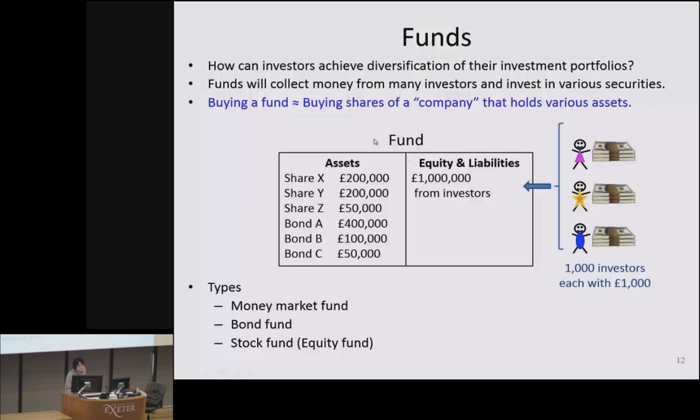For open-end funds, the fund announces the current price of one share of the fund every day. This price is called net asset value. At that price, if you want to buy more shares, you can go to the fund and buy more shares.